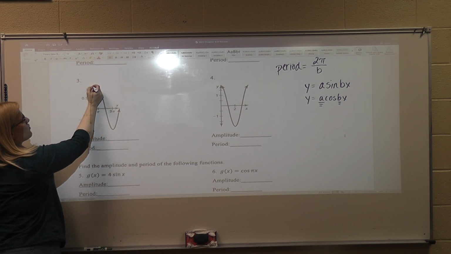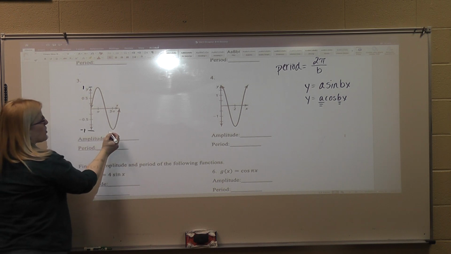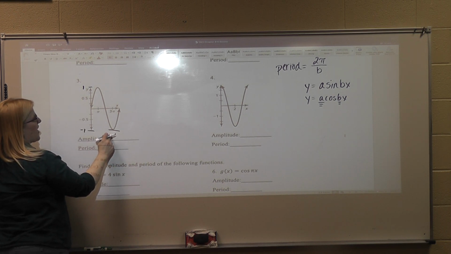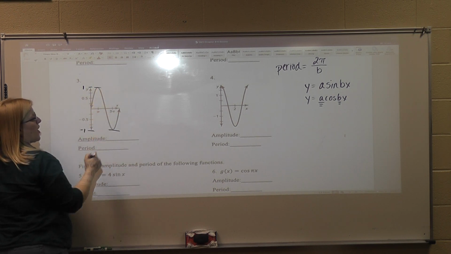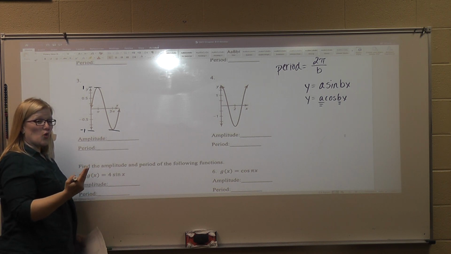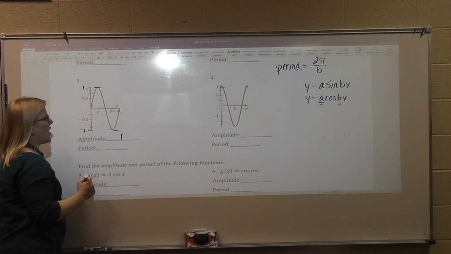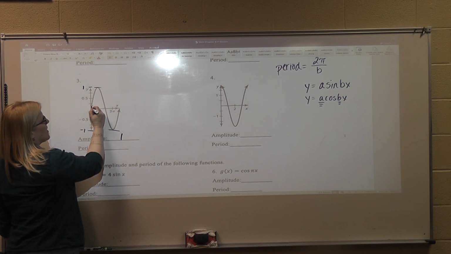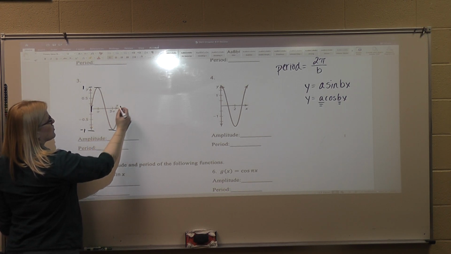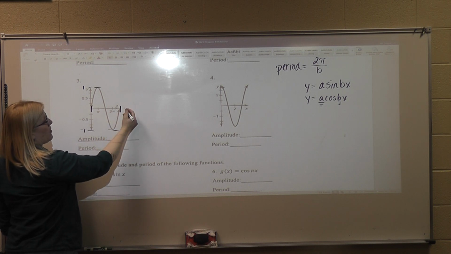Here's a 1/2, 1's going to be about right there. So my amplitude is going from -1 to 1, which is 2, but I cut that in half. So my amplitude is 1, and the period is going from 0 to 1 pi, 2 pi, 3 pi, 4 pi.